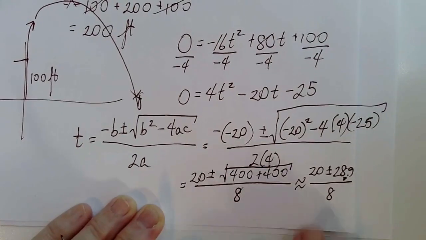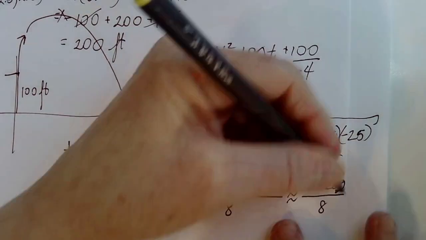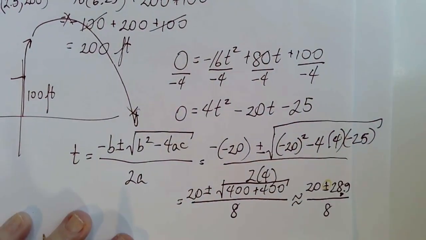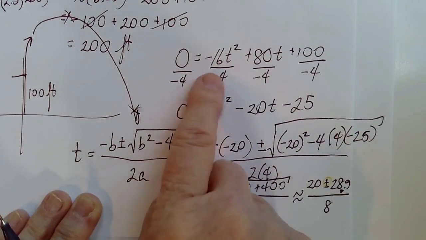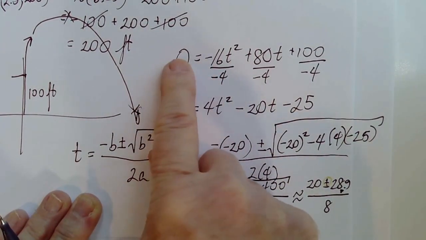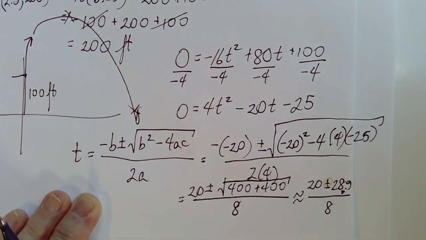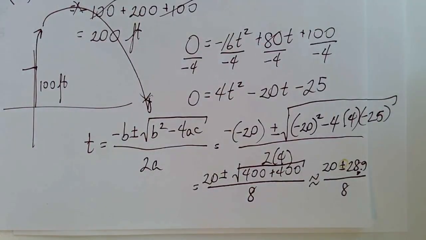So we want just to consider the positive, for the same reason as in the previous question. We can do that easily because we forced a to be positive, and we can only do this when we have 0 on one of the sides.